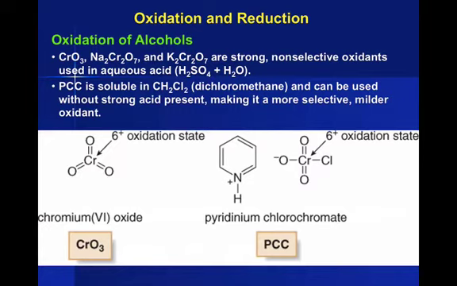Sodium dichromate or potassium dichromate, very strong oxidizing agents that are capable of oxidizing alcohols. Another one that is quite common is this organic soluble chromium +6 reagent called PCC. Okay? Pyridinium chlorochromate. Okay? Why is it soluble in organic solvents? What do you think, Paige?